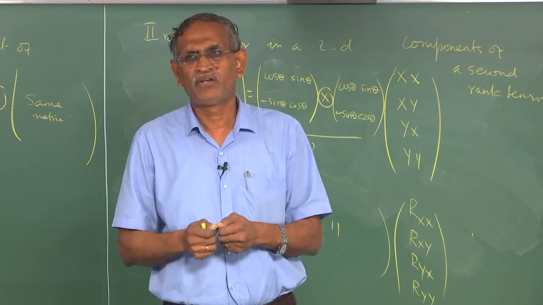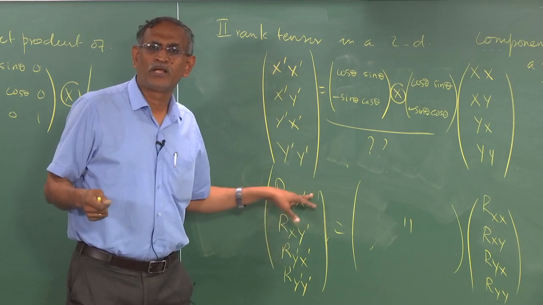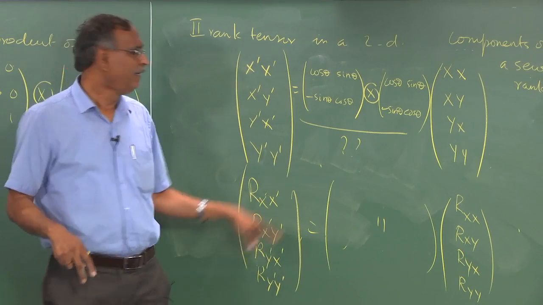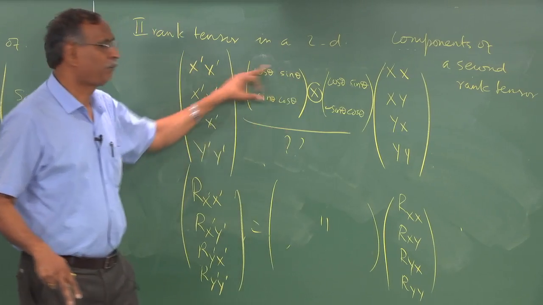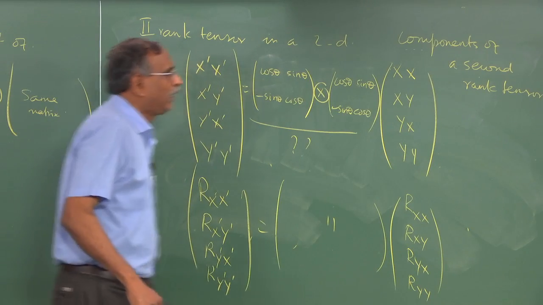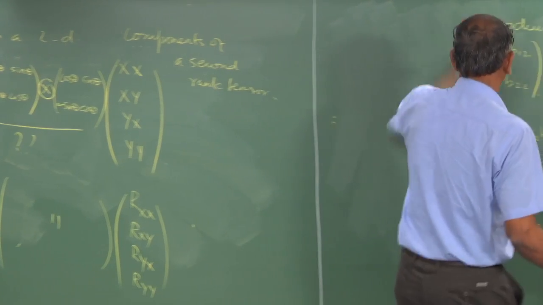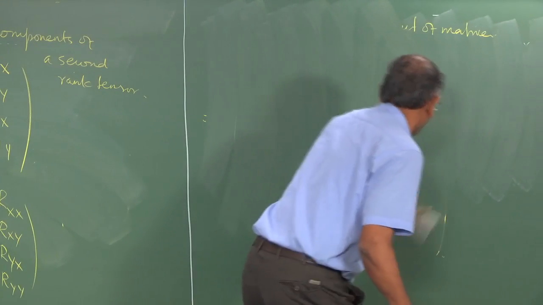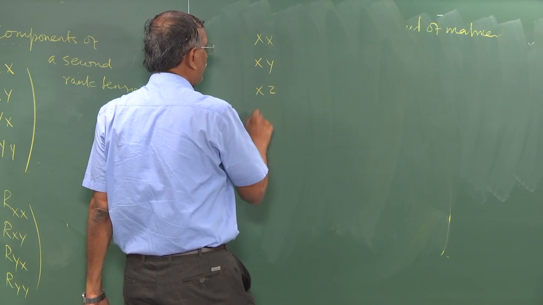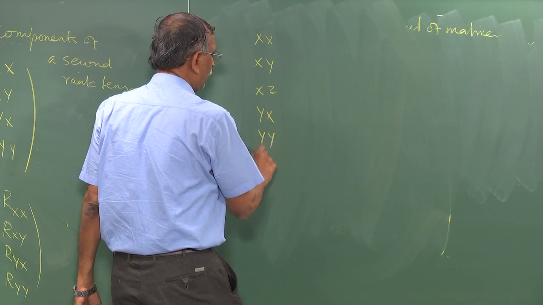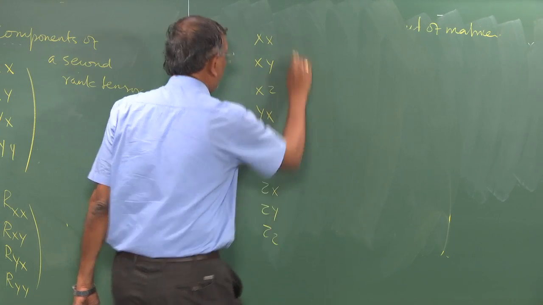And therefore, now you see in 3 dimensions that instead of 4 quantities that we talk about in 2 dimensions for the second rank, it will be 3 by 3 multiplying 3 by 3, and therefore you will have 9 quantities, namely xx, xy, xz, yx, yy, yz, zx, zy, zz.